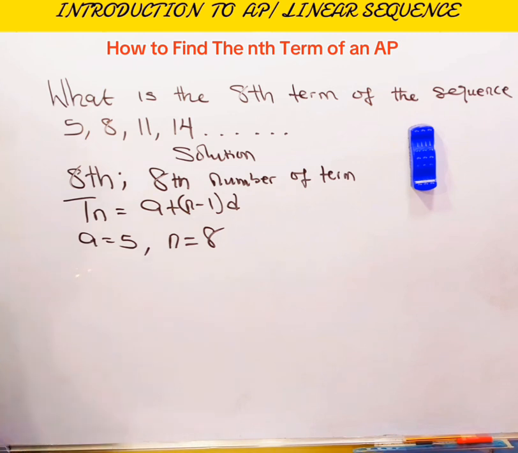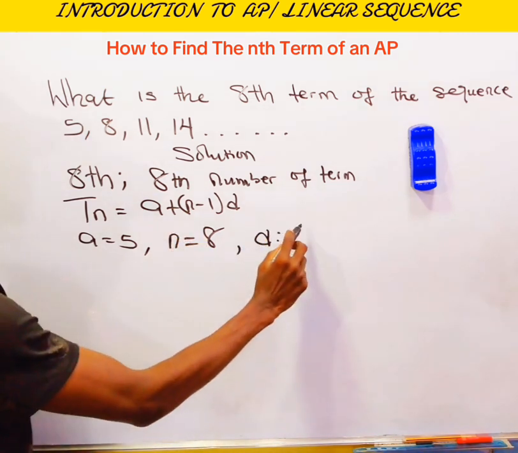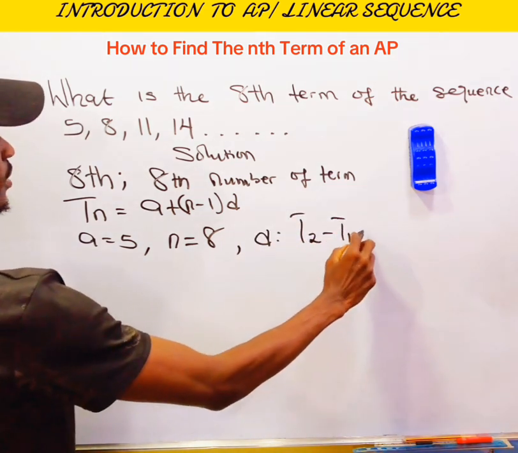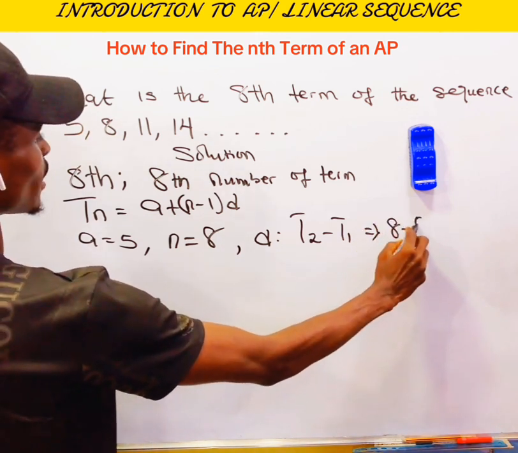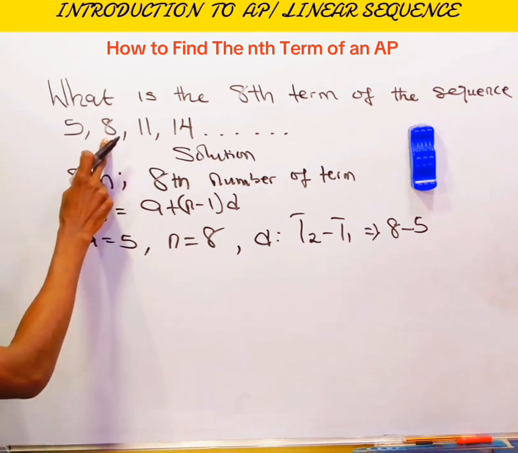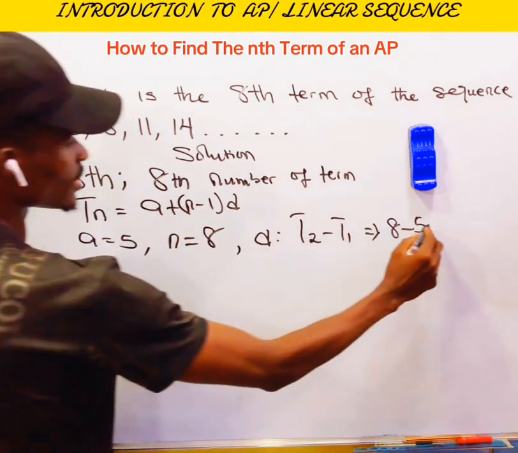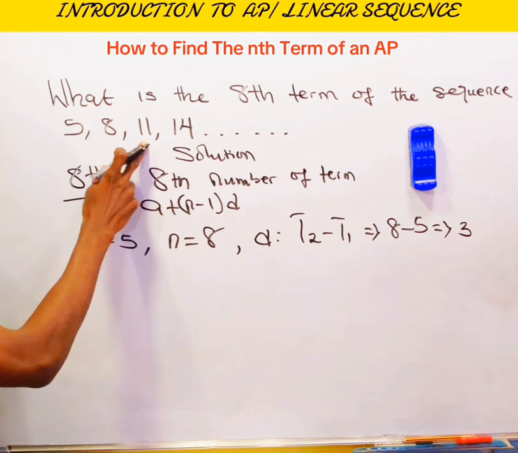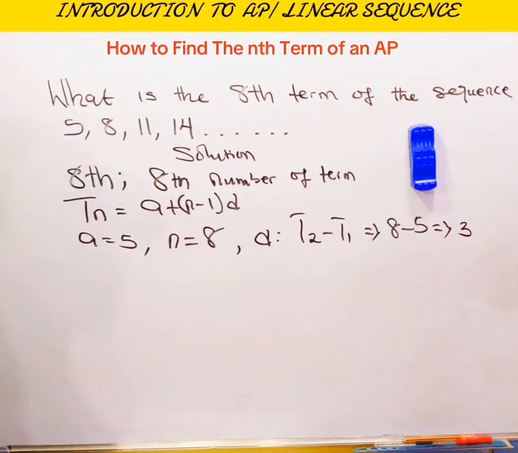And D will be gotten from T2 minus T1, which is 8 minus 5, that gives us 3. Now, if you also do 11 minus 8, you still get 3. So our D is equal to 3.